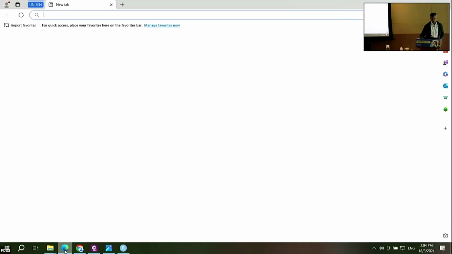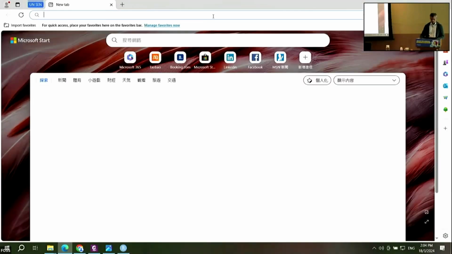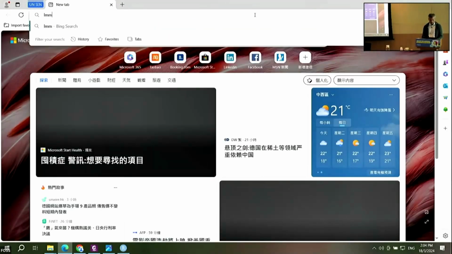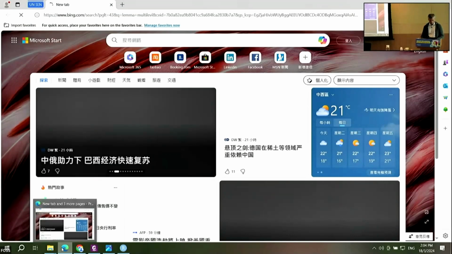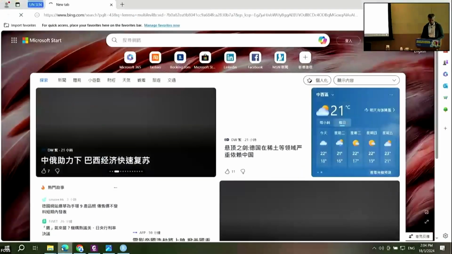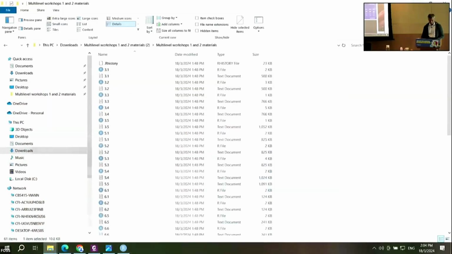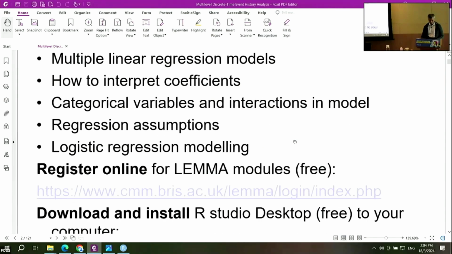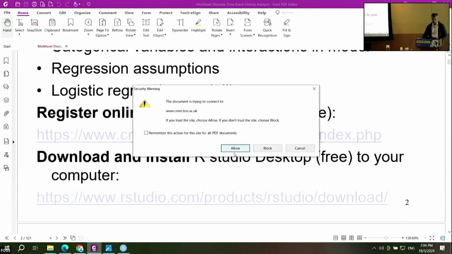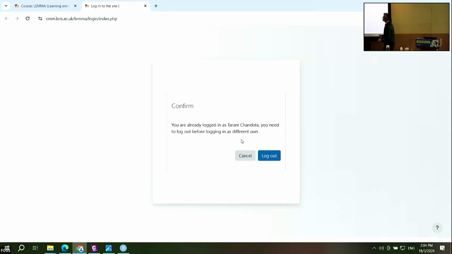Again, for those of you who weren't here last week, the Lemma website is a specialist online learning resource for multi-level modelling, based at the University of Bristol, and all of today's materials are taken from that.